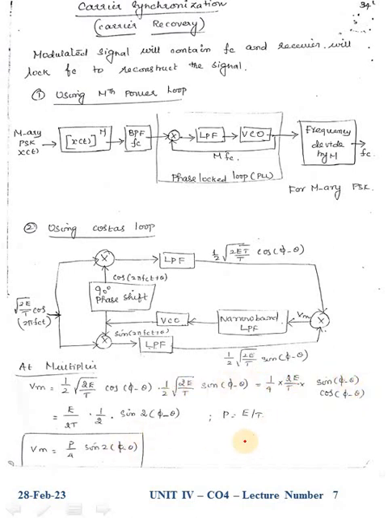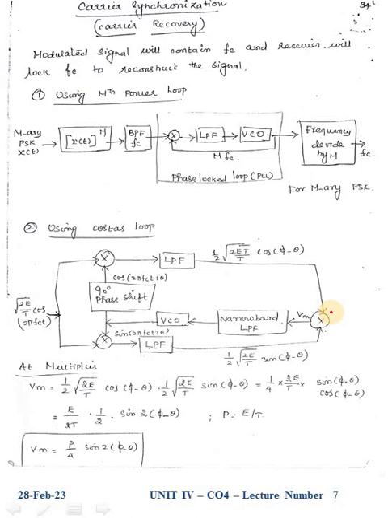We can say that the power level is equivalent to E by T. So Vm is equal to P by 4 sin 2(phi naught minus theta). We can achieve the modulating signal alone at the output side. This is how the carrier is recovered with the help of the Costas loop.